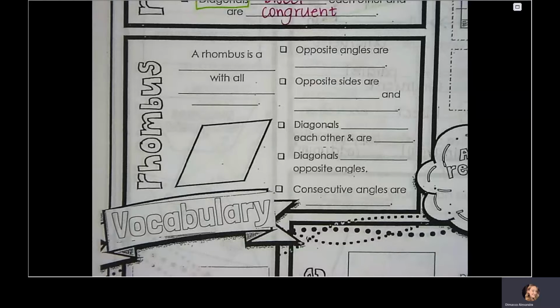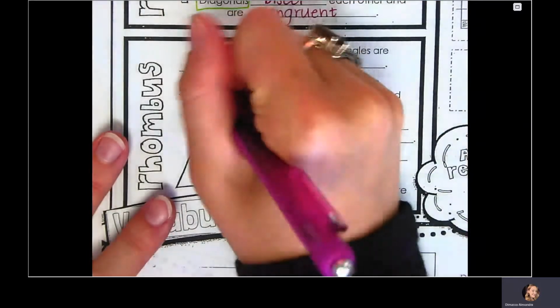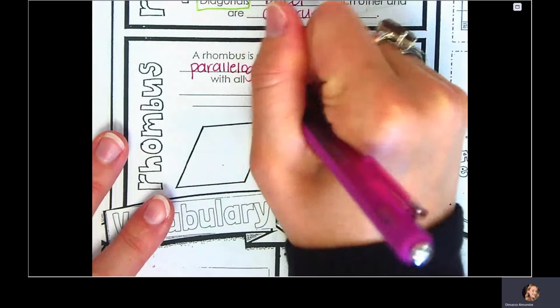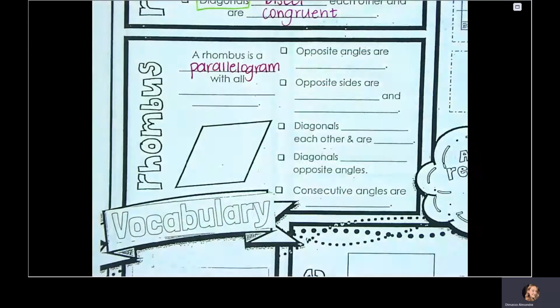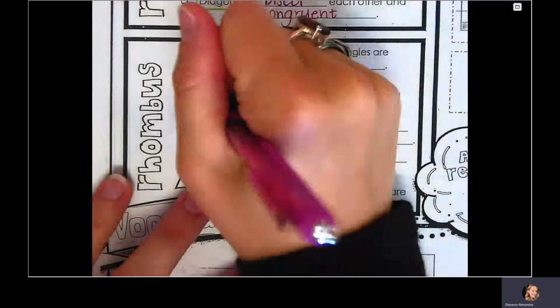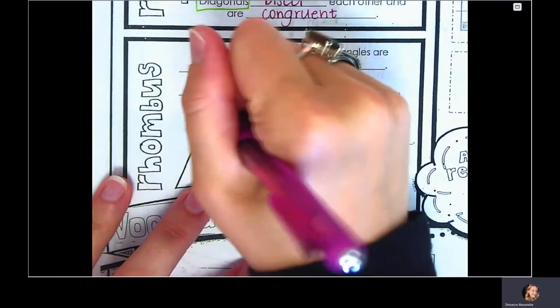Okay, a rhombus is the next one. A rhombus, again, is a parallelogram. So again, you should notice parallelograms like the overall umbrella here. Rhombus is a parallelogram with all congruent sides.